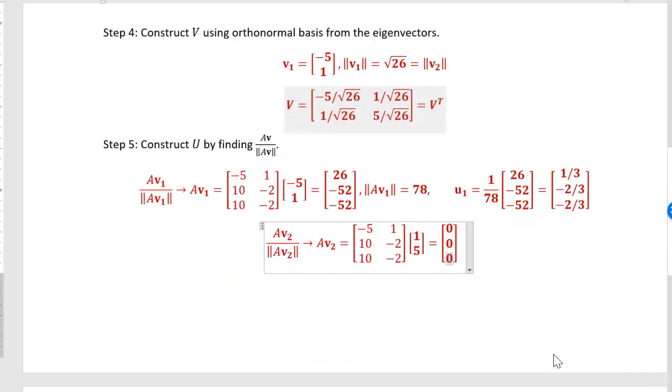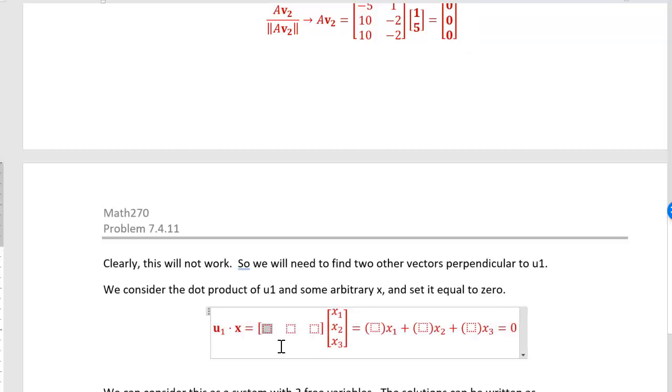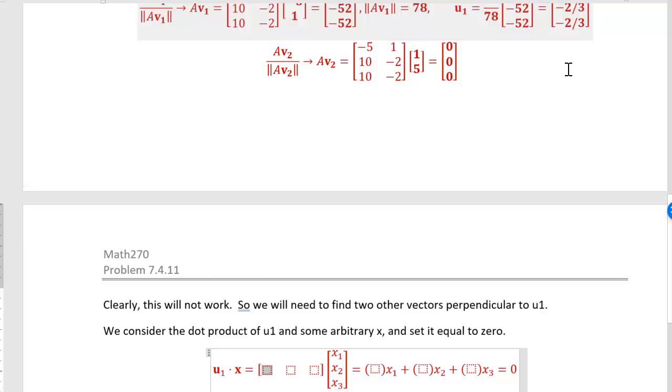In order to do that, what we're going to try to accomplish is use the relationship that this has to be an orthogonal matrix, which means the dot product of our U1 vector and some random vector x1, x2, x3 has to equal 0, and then we're going to try to solve for x1, x2, and x3. Our U vector is 1/3, -2/3, -2/3.